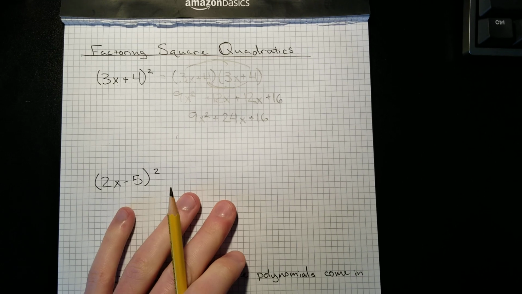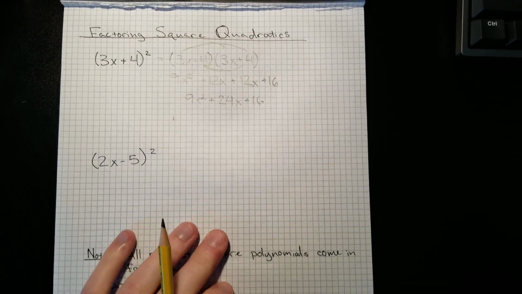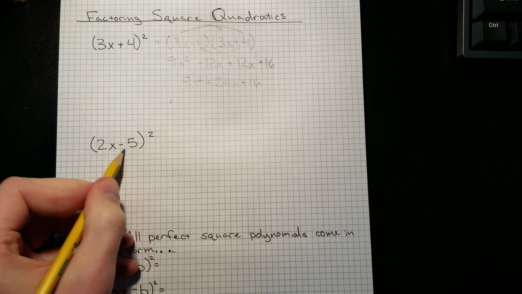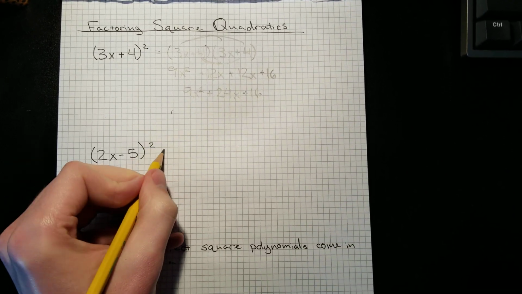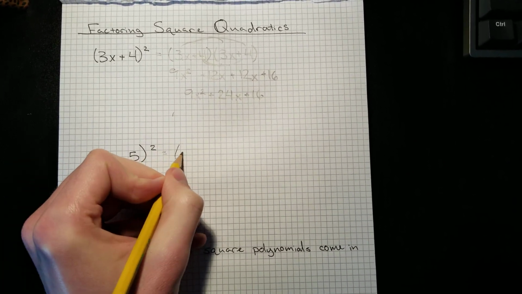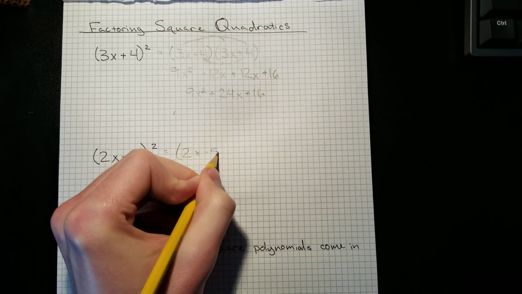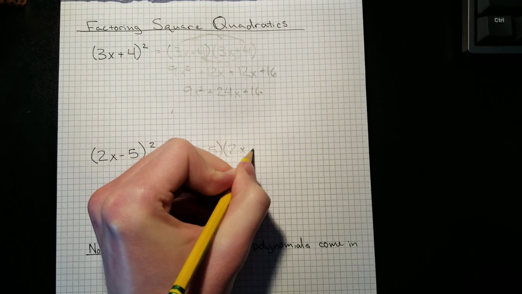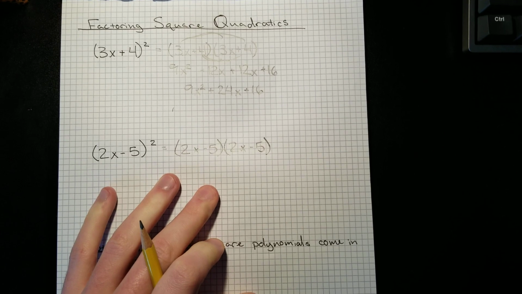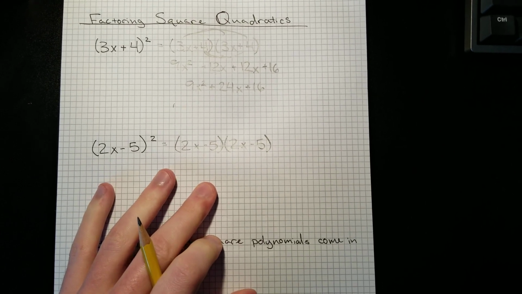We're going to move on to the second one just to see how that one works. So similar thing here. This one just has a minus. We're going to change it up a tiny bit, but same first step. We're going to break this down into 2x minus 5 times 2x minus 5. Remember, we have to multiply those two things together.